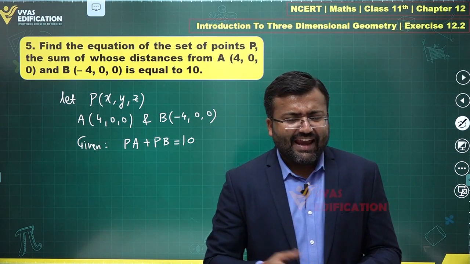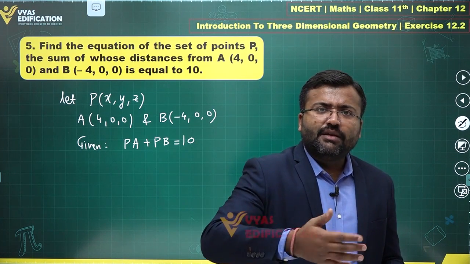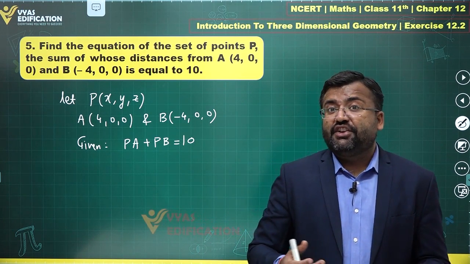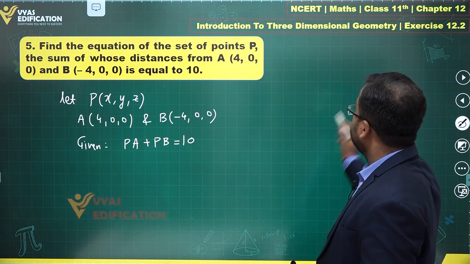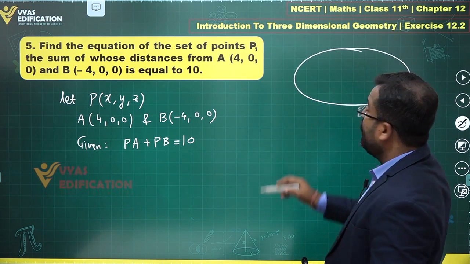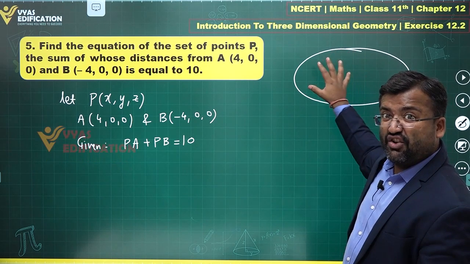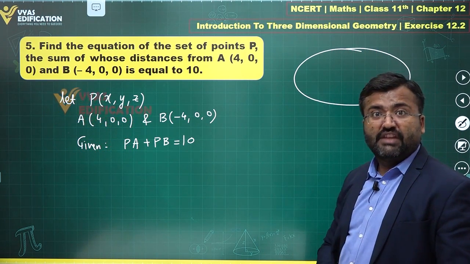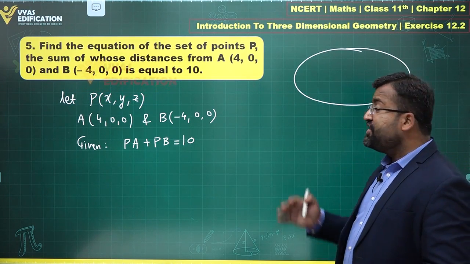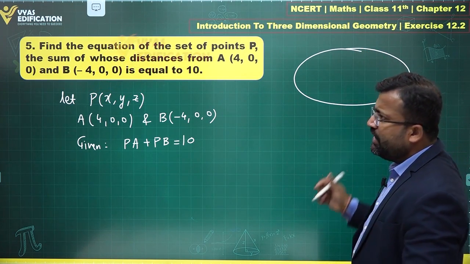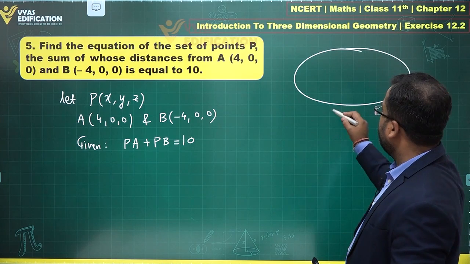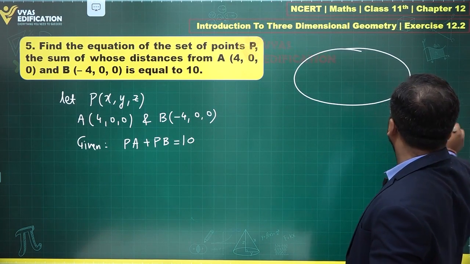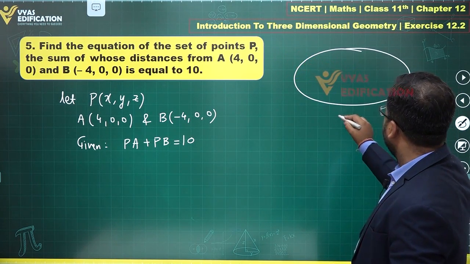You will get a 3-dimensional shape actually. It looks like an ellipse when you project it on this plane, but this will be a 3D round shape, and this 3-dimensional shape will be called an ellipsoid.